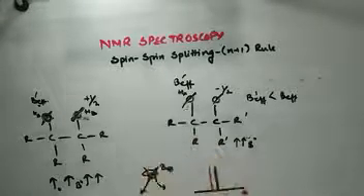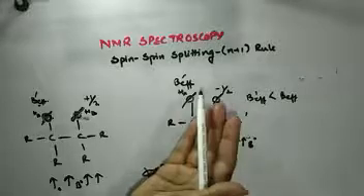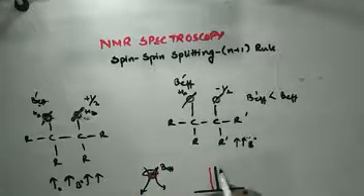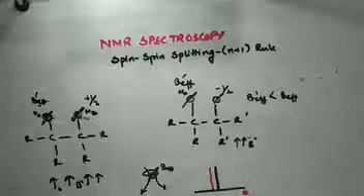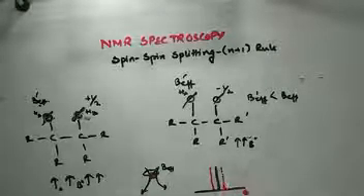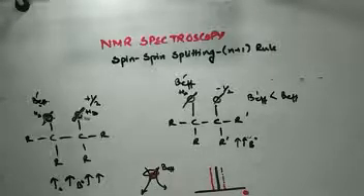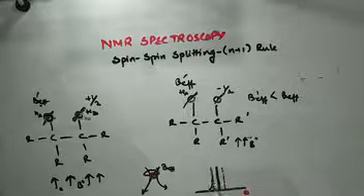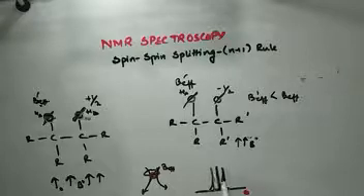Since the magnetic field experienced will be lesser, the signal will be in the upfield region. Under this condition we see that the signal appears as a doublet. The original signal has now been split into two, and it acts as a doublet.